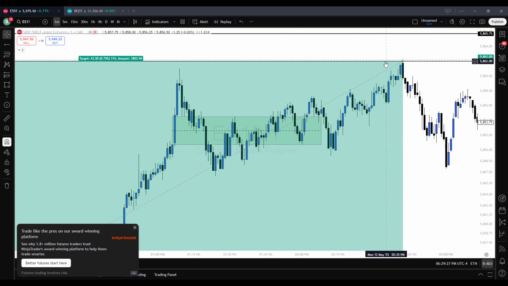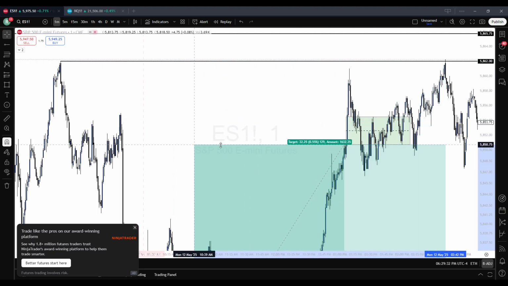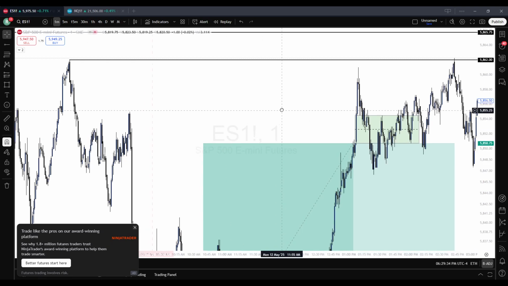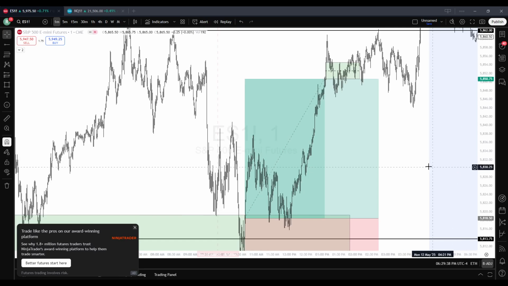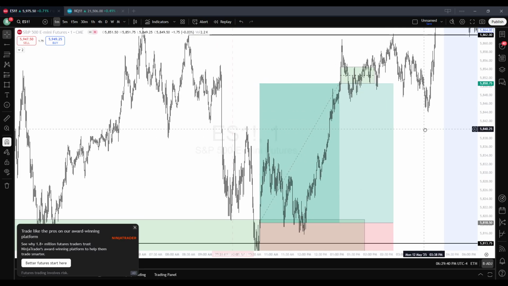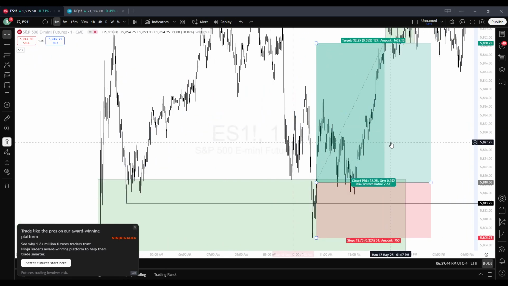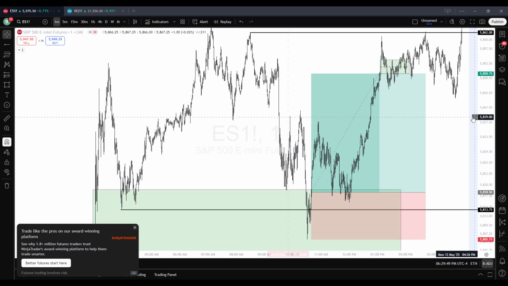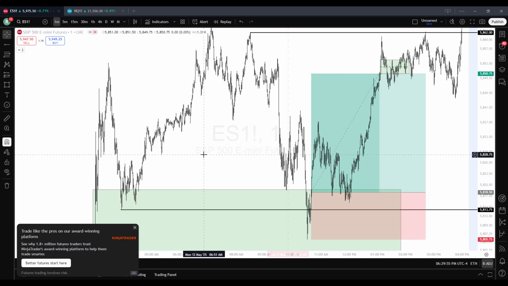So right here was my take profit. Boom, right here, which is not even bad, right? You can hold it, but I like to play it safe. Two and a half risk to reward ratio. I think that would clock you 129.6, so let me do some calculations.